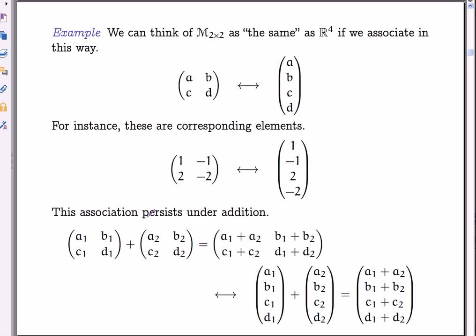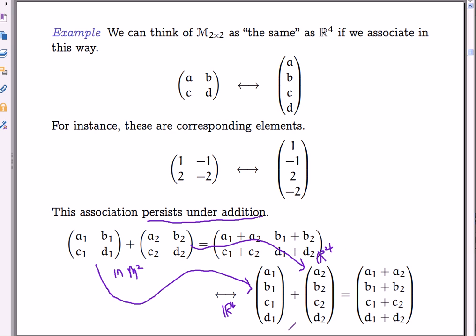This association also persists under addition. We'll make the same check. If I perform this addition in M2, and I get a result in M2, I can translate this first matrix into R4. I can translate this second matrix into R4.